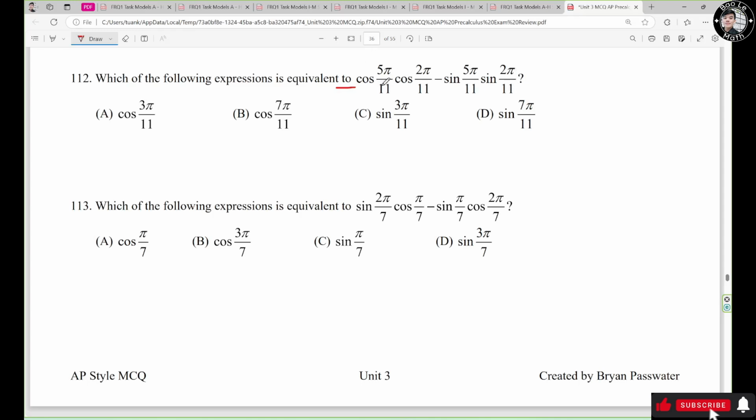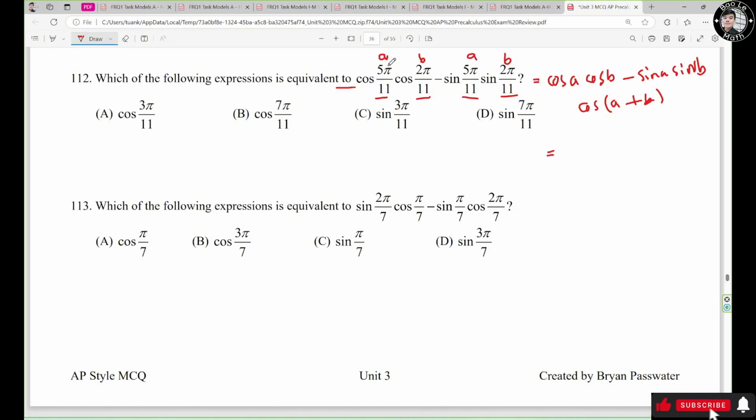You look at this one, you see that this guy and this guy are the same, so we label it A. This guy and this guy are the same, we label it B. So we write this down: it could be cosine A cosine B minus sine A sine B. This is actually cosine of A plus B.